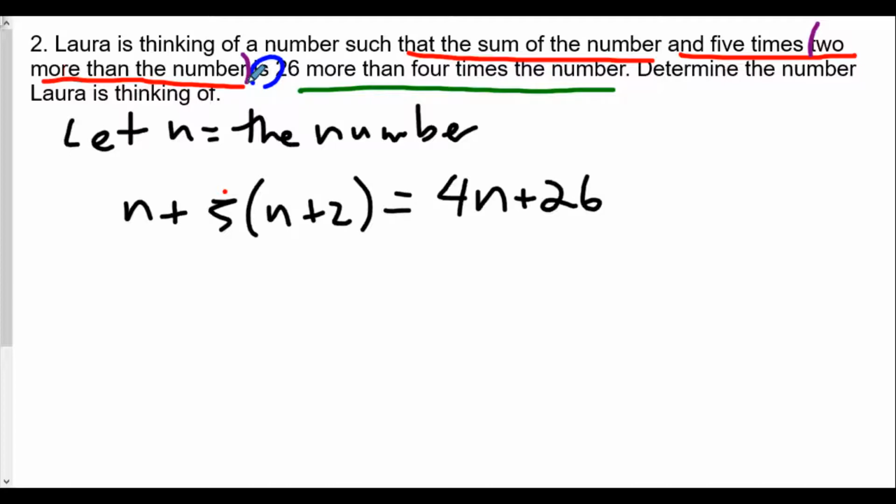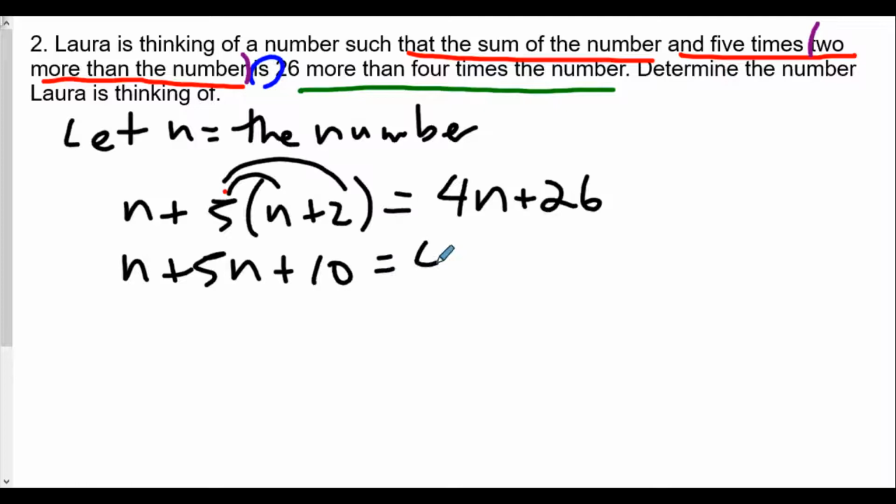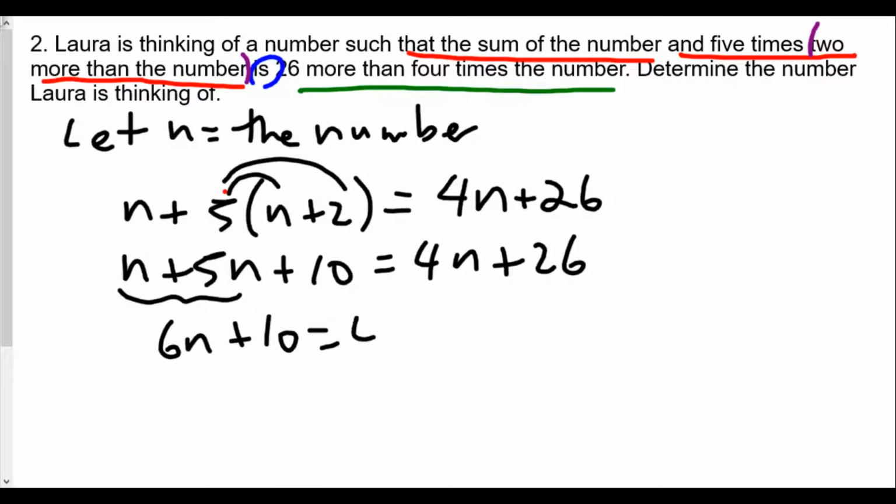All right, so here we go. Let's now solve this by distributing. We're going to distribute the 5 with the n and the 2. So now we get n plus 5n plus 10 is equal to 4n plus 26. When we combine like terms, it becomes 6n plus 10 equals 4n plus 26.